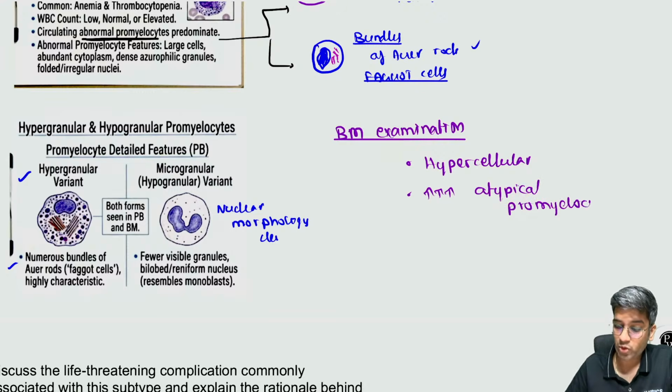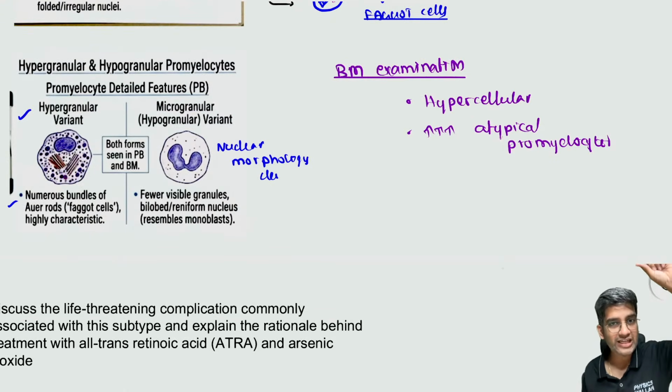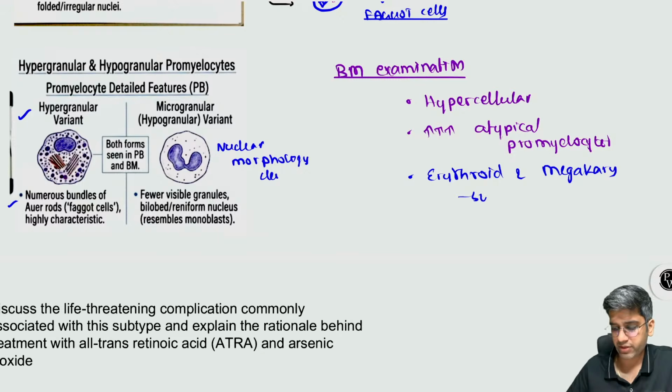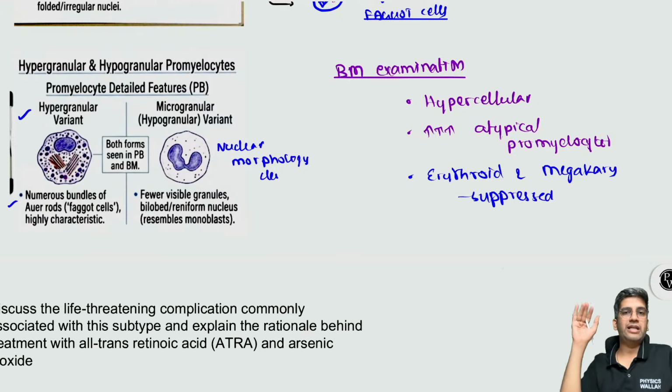And this also I told you in the last class, whenever one lineage is very, very high, like here promyelocytes, what will happen to erythroid and megakaryocytes? They will be suppressed. Simple, write that. Erythroid lineage, that's your RBC lineage, and megakaryocytes will be suppressed.